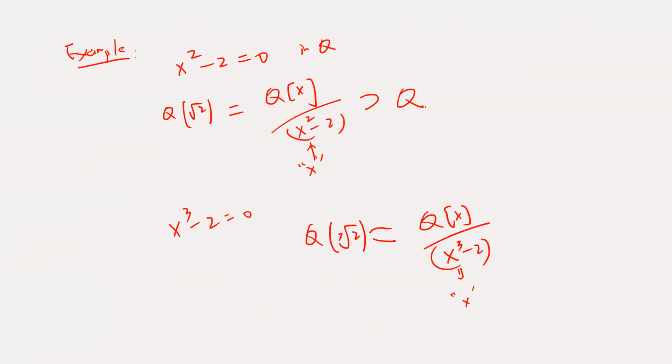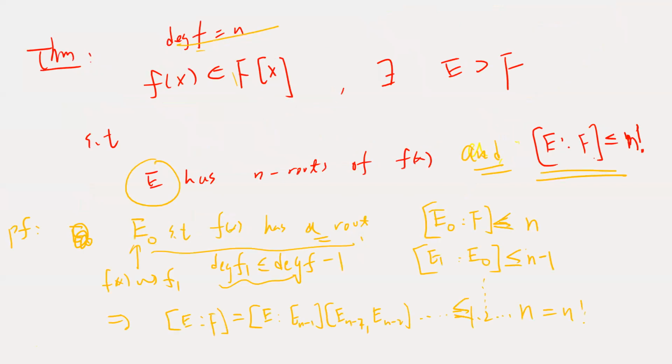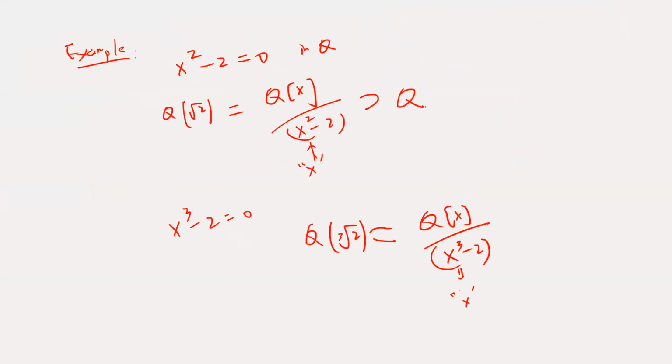Once you have this, you can also show that the degree of this extension can be chosen not so big. Then you can generalize: if you want the extension to contain all the roots, the extension still need not be so big. You can choose n factorial. Yeah, so this is the interesting consequence.